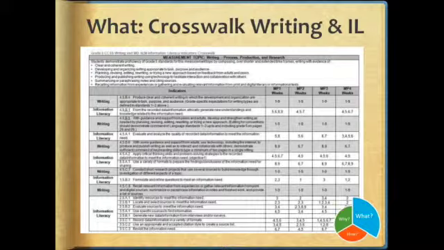This document lists the standards and indicators that fall under the writing measurement topic. The writing indicators are the Common Core standards, and under the writing indicators are the Maryland State School Library Media Program standards that address that Common Core writing indicator.